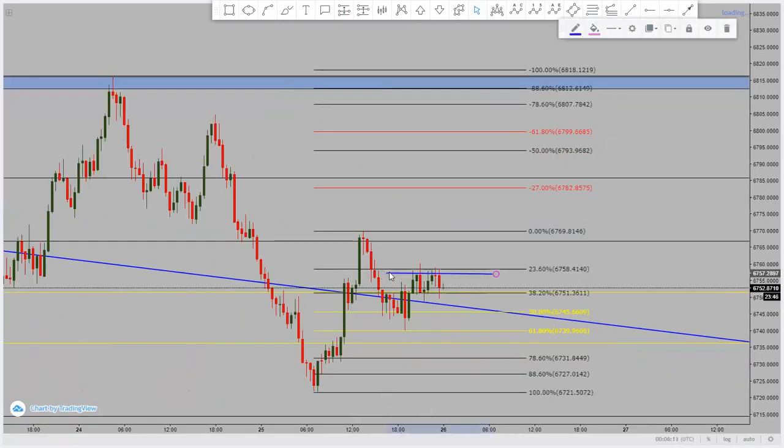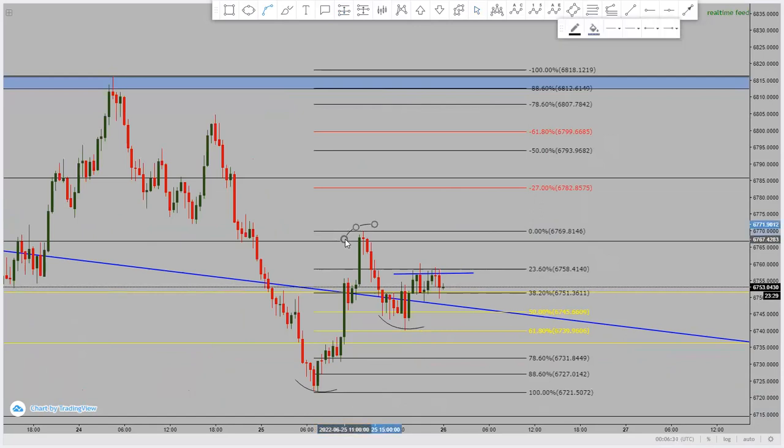If you check on 30 minutes, it's clearer there. You can see the market structure, we have higher lows and a higher high there.